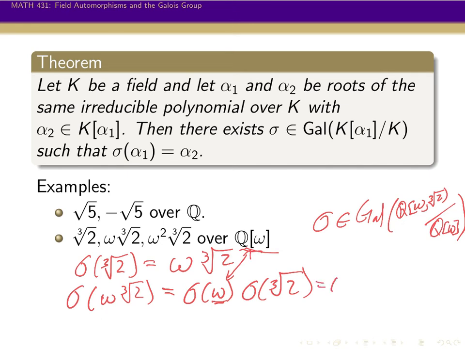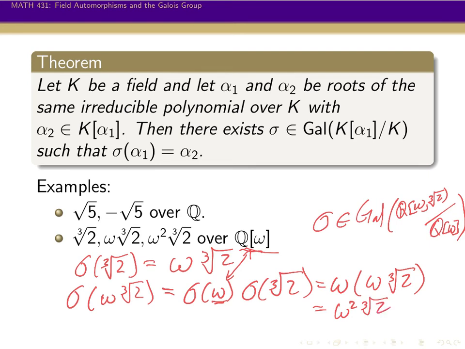So that's just going to spit omega back, and then we defined sigma to send cube root of 2 to omega cube root of 2. So sigma of cube root of 2 is going to give us omega cube root of 2. And so what have we ended up with? Omega squared cube root of 2.